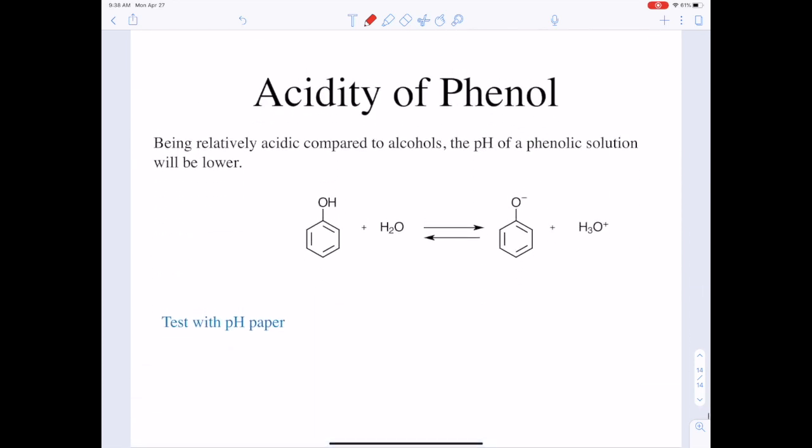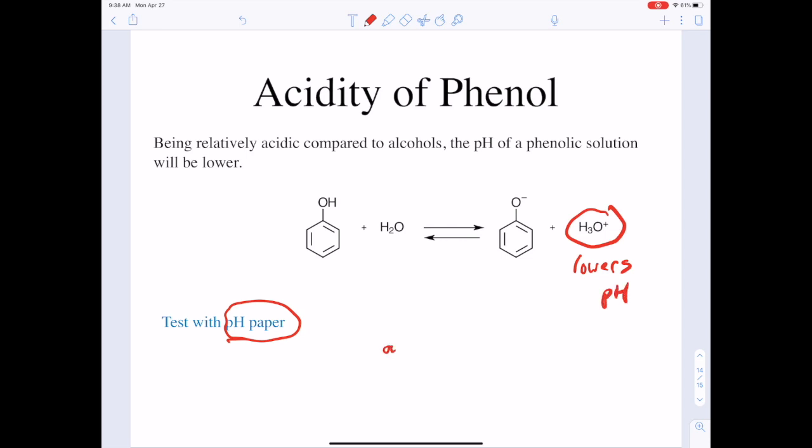The acidity of the phenol can be used as a test as well. So if you use pH paper, you dissolve the phenol in water, and you get this ionization in water. It's a weak acid. It's not going to ionize 100%, but this equilibrium sets up, and the formation of hydronium ion lowers the pH.